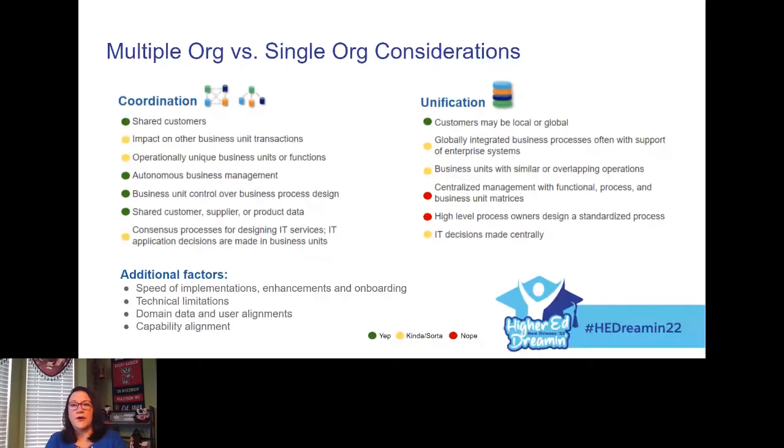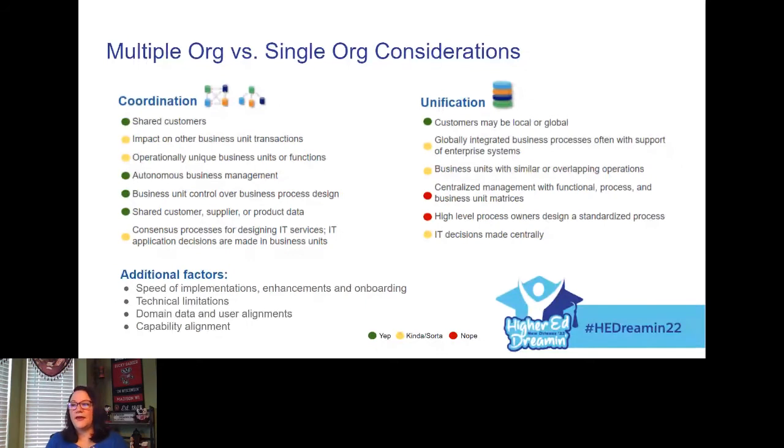For example, under coordination, impact on other business unit transactions. Well, this is a yes in some cases, but a no in other cases, because we are such a large, diverse, and siloed, decentralized university. But when you really line up these two particular options, you can see under unification, we do have some pretty distinct no's there.